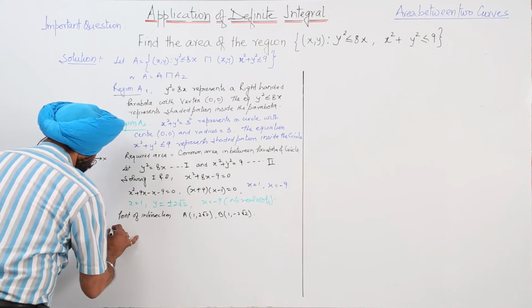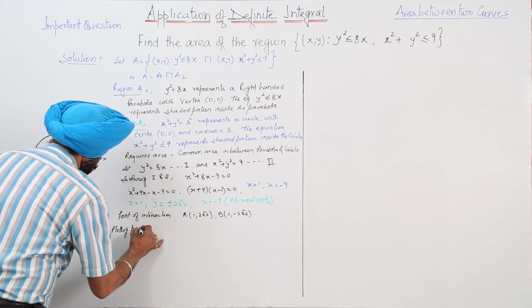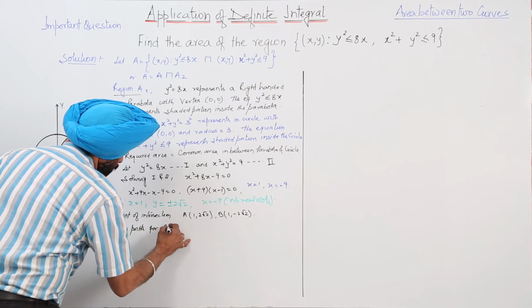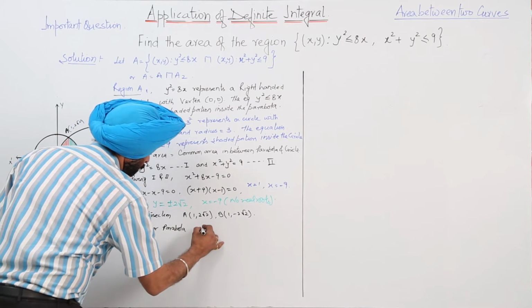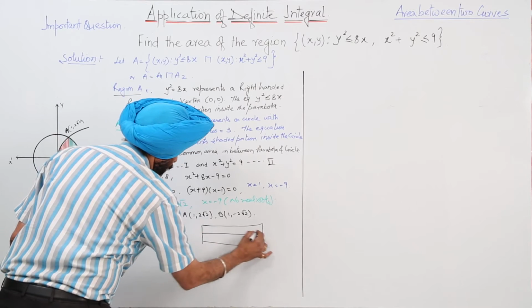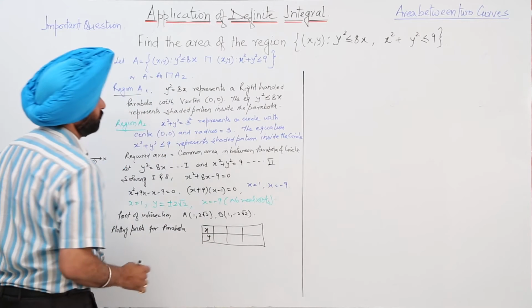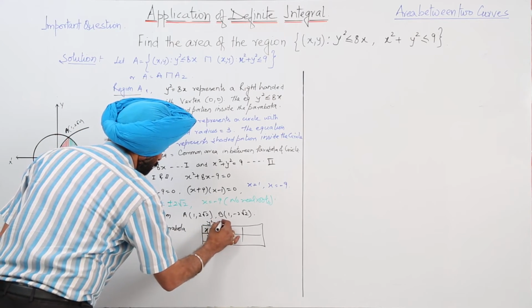Now for plotting points for the parabola, the parabola is y square is equal to 8x.